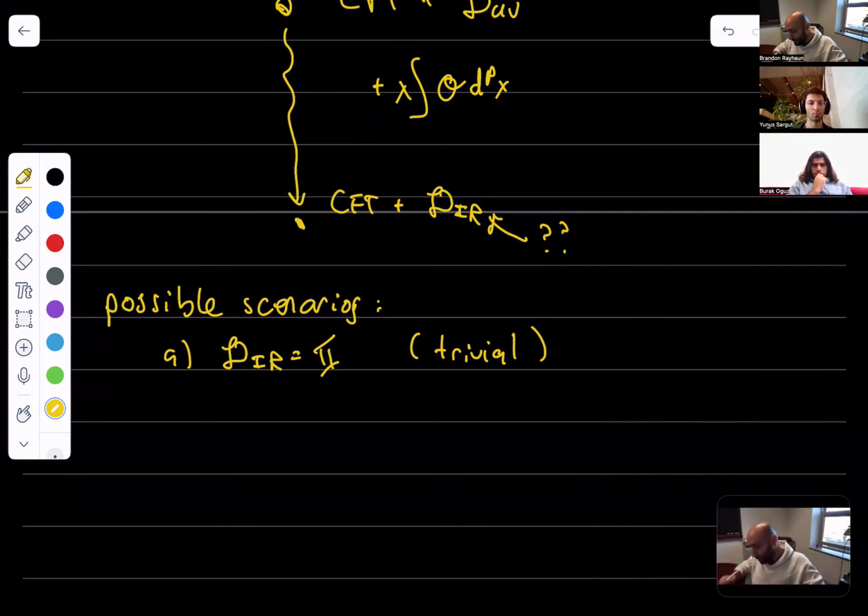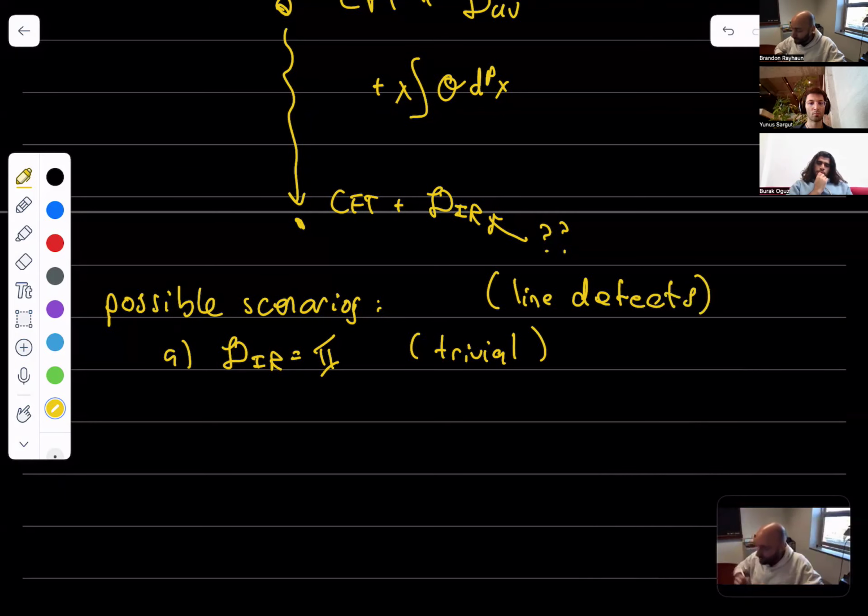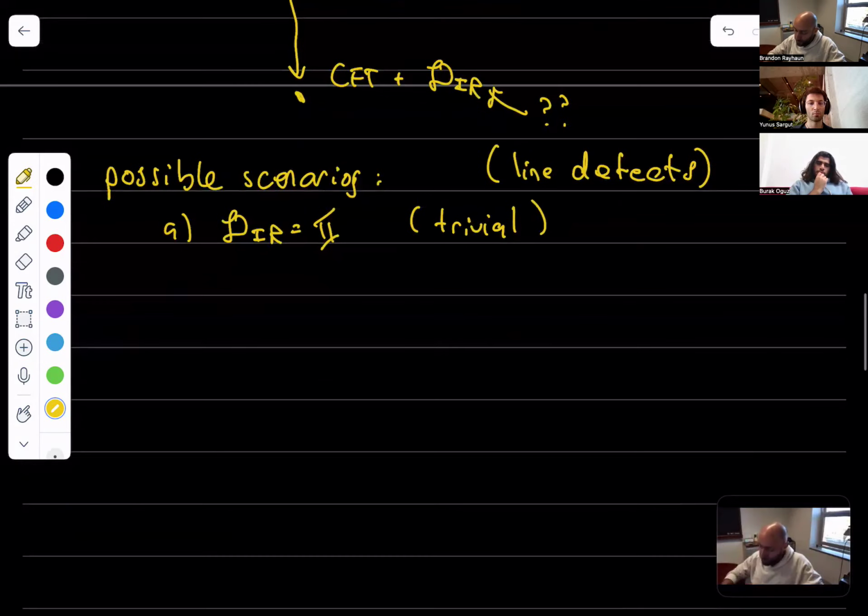Maybe if you try and detect the defect by measuring local operator correlation functions or something like this, there's not much you can do to be able to see the defect at all. By the way, let me restrict to line defects in this discussion just to make things simple. Okay, so that's one kind of boring scenario.